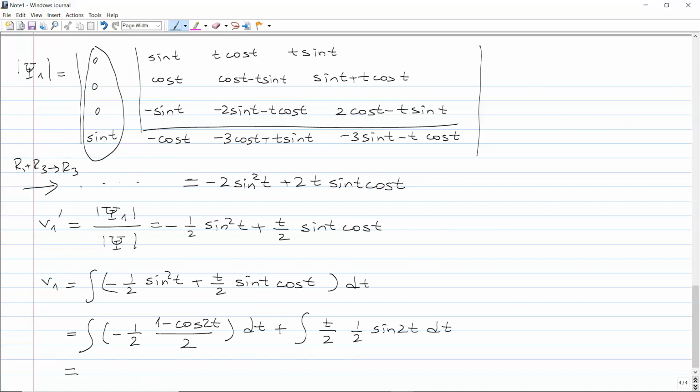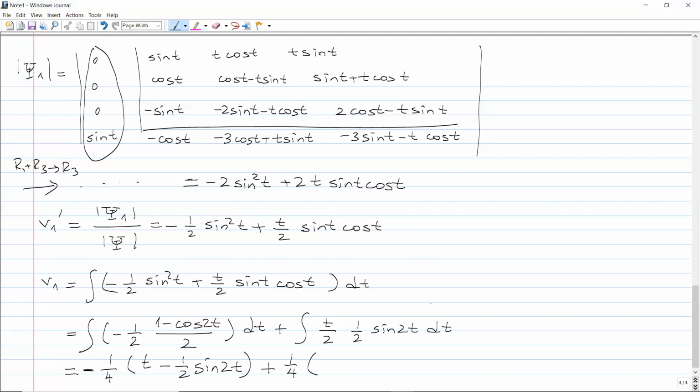Okay, so the first integral: minus 1 over 4, the antiderivative of 1 is t, the antiderivative of cosine 2t is 1/2 sine 2t, plus I have 1 over 4.